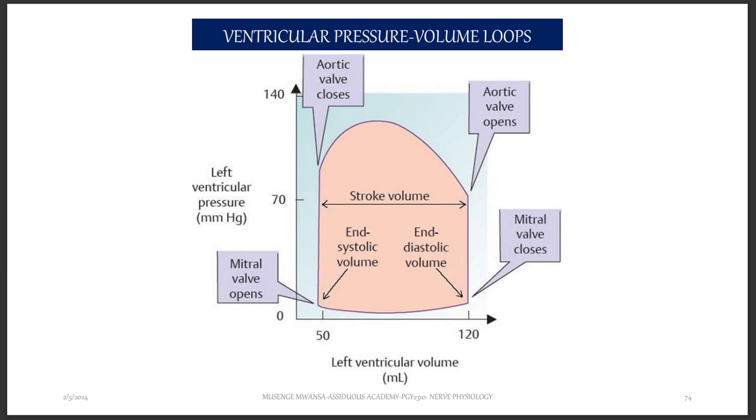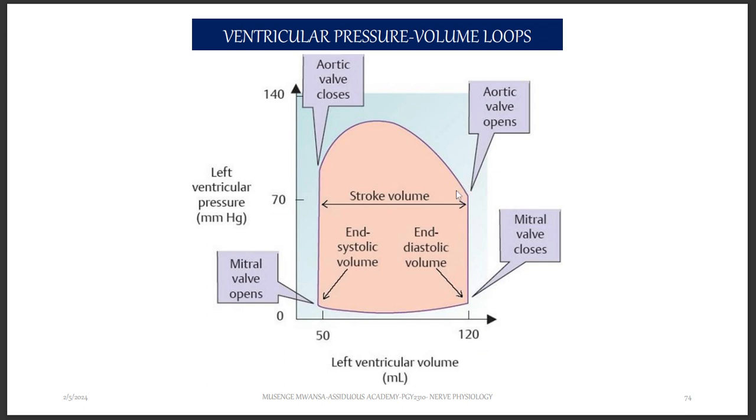So the blood is now just there. It has got nowhere to go. So pressure will start building up in the ventricles, but the volume is not changing because all the valves have been closed.